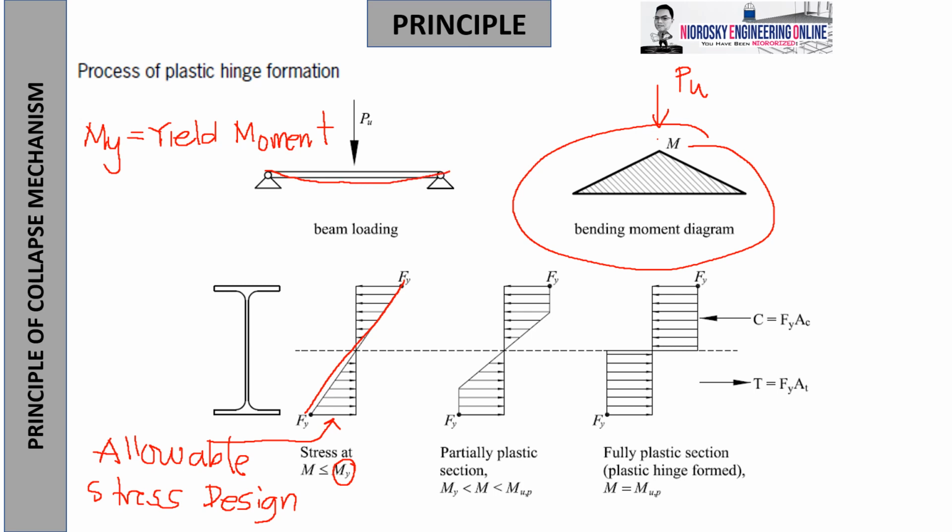Parang elastic behavior. And then finally, as you increase the load more, nagkakaroon ng distortion or semi-inelastic, okay? Or should I say partially plastic. Ibig sabihin that the moment is in between the yield moment and the plastic moment that it can carry. So, usually, dahil ito nagkakaroon ng shifting of the stress value, ito'y bababa at ito'y tataas, it is because of the behavior of the deflection that it suffers from the bending.